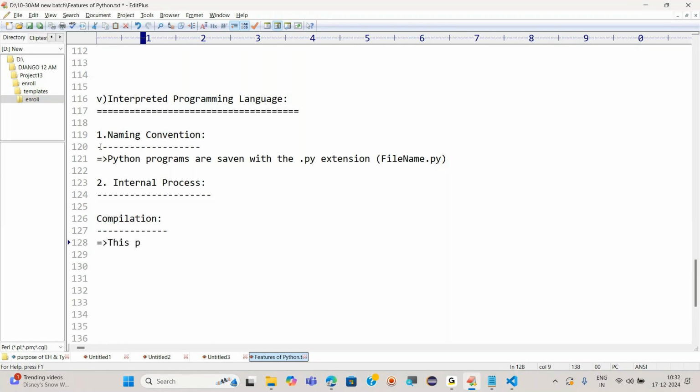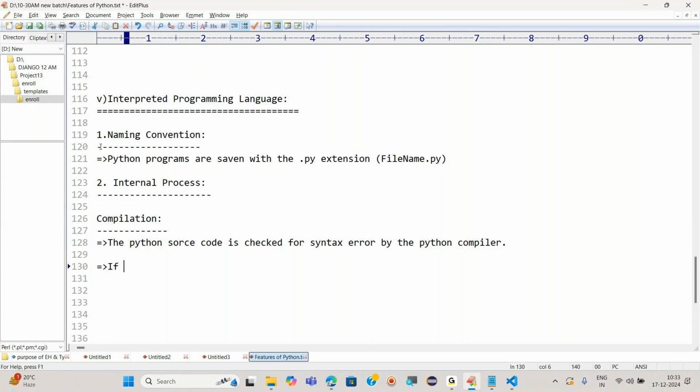I would say, the Python source code is checked for syntax error by the Python compiler. Okay, by the Python compiler.